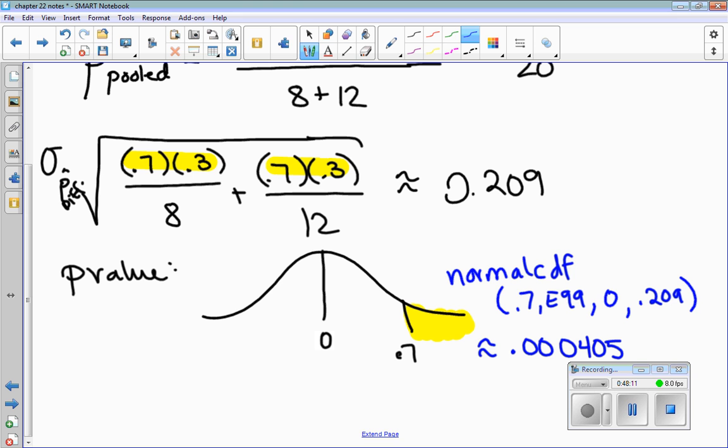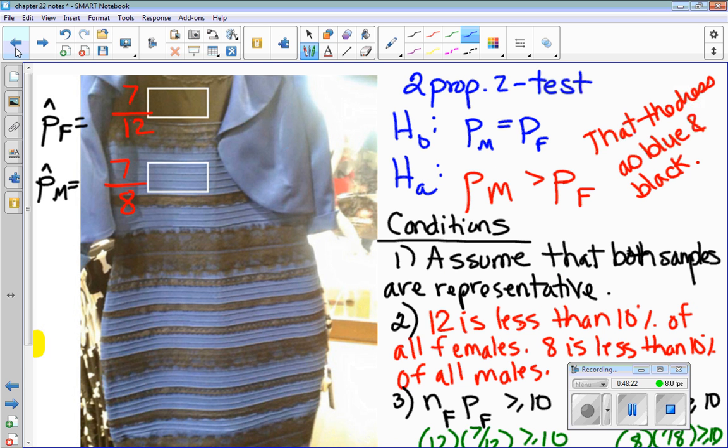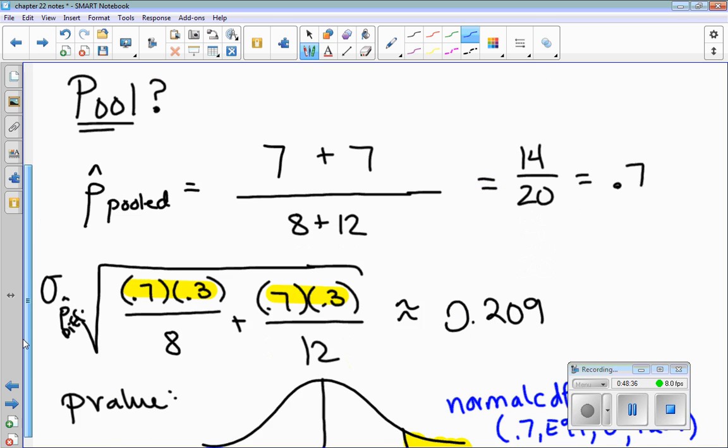I'm going to reject the null, right? I want to reject the null. So let's go back to our context. I'm rejecting that. I have evidence to suggest that. Thank you. That's exactly right. We have evidence to suggest that there's a higher proportion of males that see the dress as blue and black than women. Okay? And that's what we would say is our conclusion.